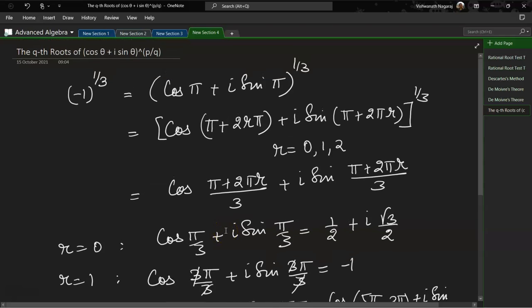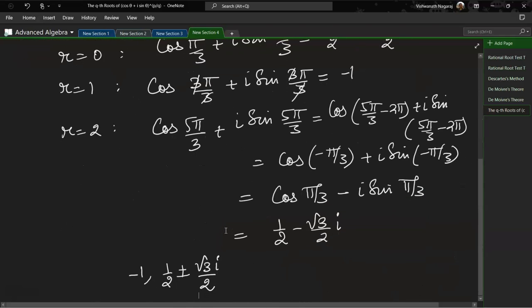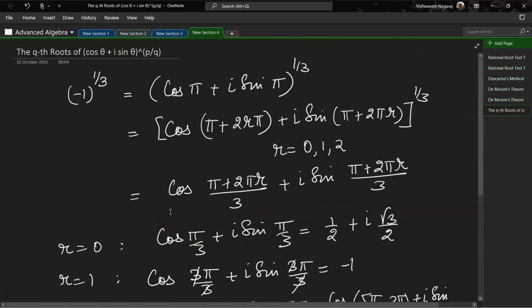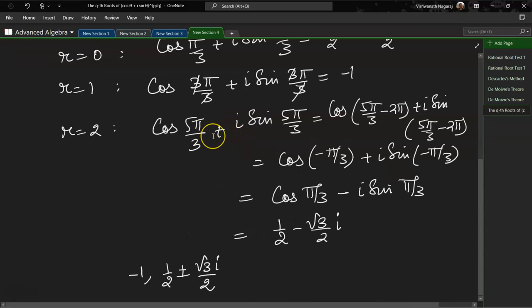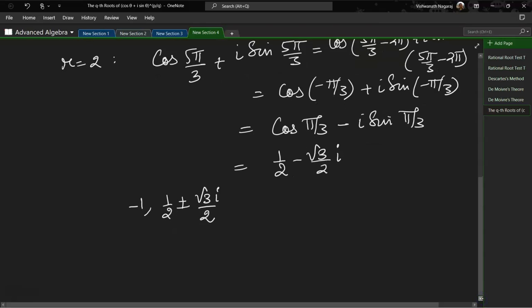So here, what did we do? We converted the expression which was giving us a single value into an expression which gives us multiple values by adding a multiple of 2 pi to the given angle. So let's look at it in a more general way.